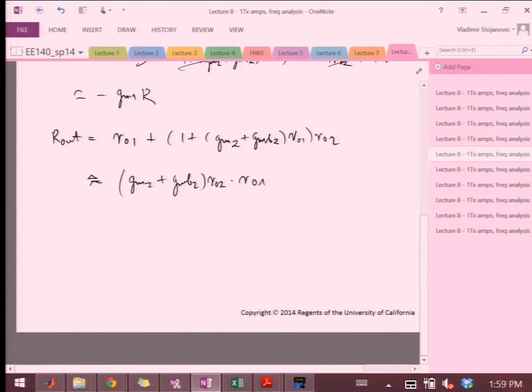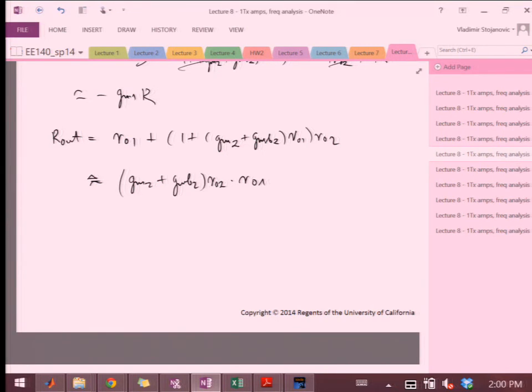Now, you see, this factor over here kind of multiplies up the output impedance of the first stage. Or you could say that the output impedance of the second stage gets multiplied by this other factor. It doesn't really matter. But the point is that the intrinsic transistor's R0 effectively gets amplified by another roughly GM R0.